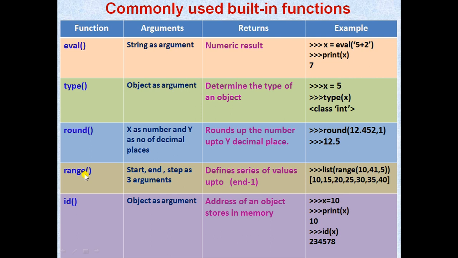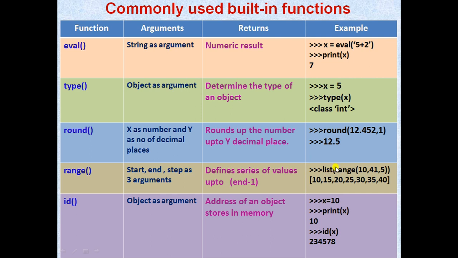range is a function which defines a series of values. It starts from 0 and ends with end minus 1. It has 3 parameters: start, end and step. It is mainly used in a for loop, or we can use it like this also.